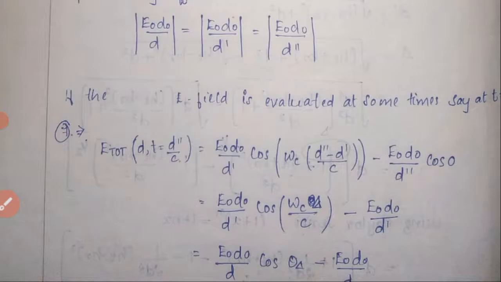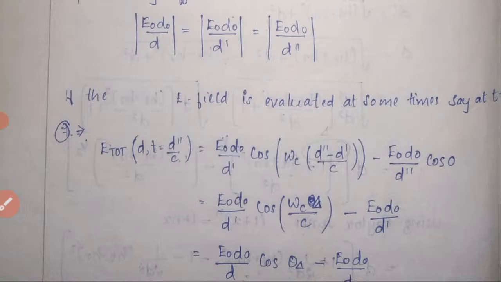In the next term of the seventh equation, we have omega c into t minus d double dash by c. In place of t we substitute d double dash by c, so d double dash by c minus d double dash by c is equal to 0, and we get cos 0.